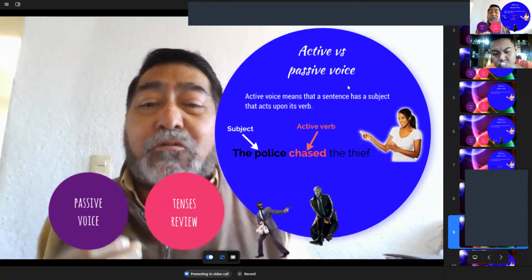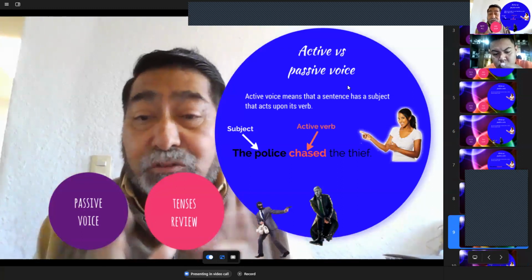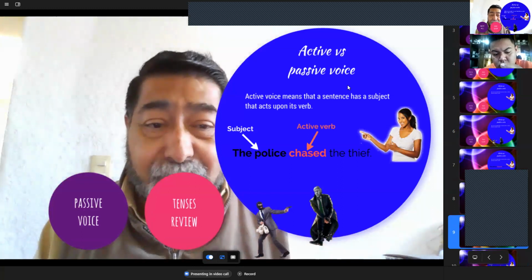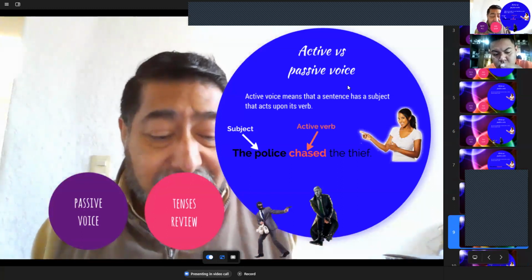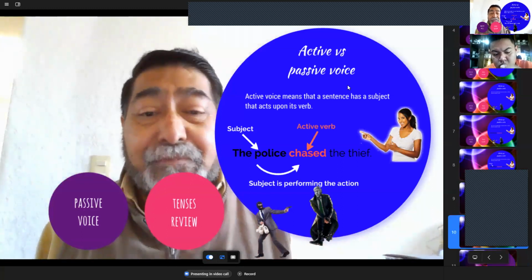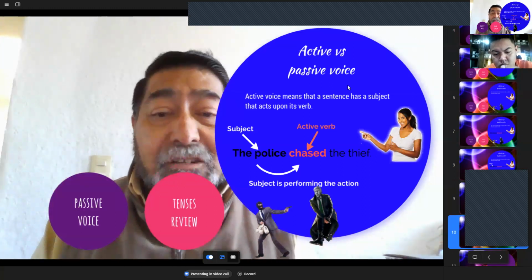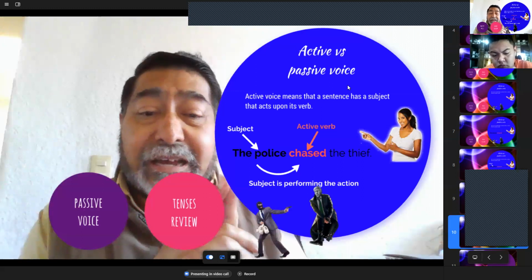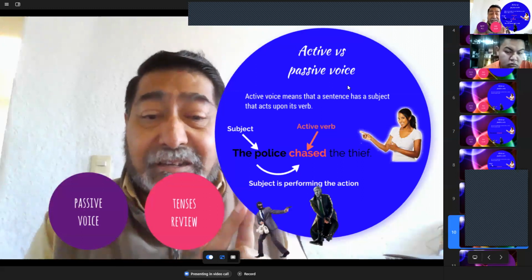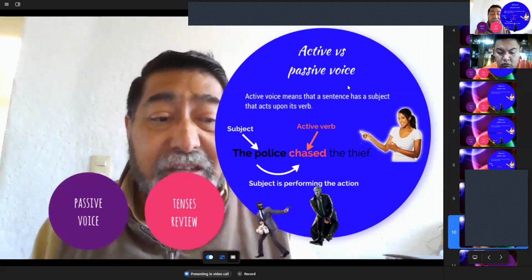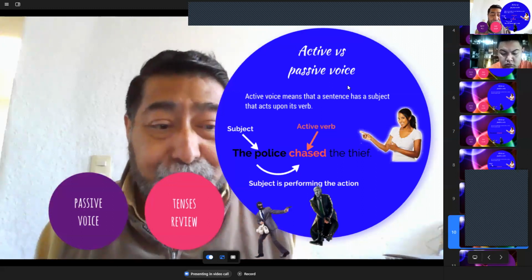So if I want to use this in passive voice, I need to invert the order. In this case, the thief is the object. In the idea, the police chased, the subject is performing the action, is the doer of the action.